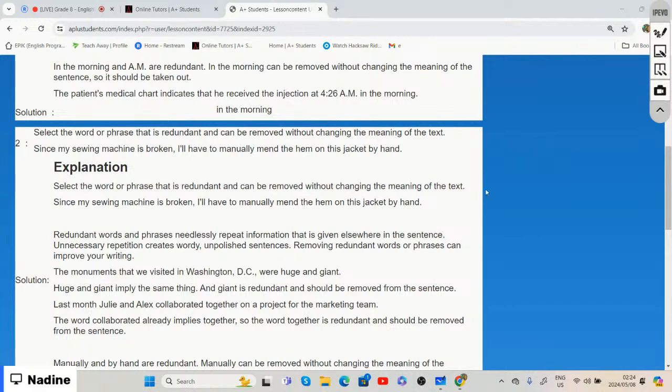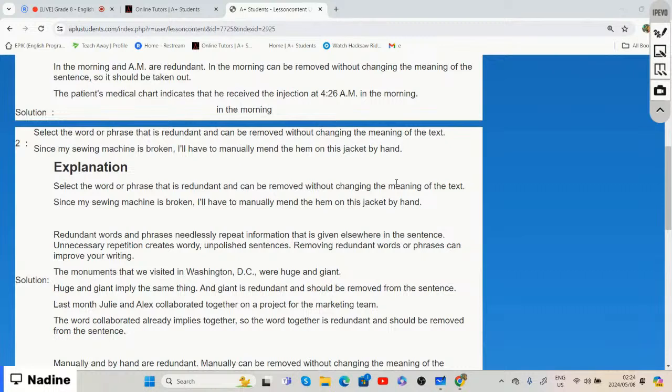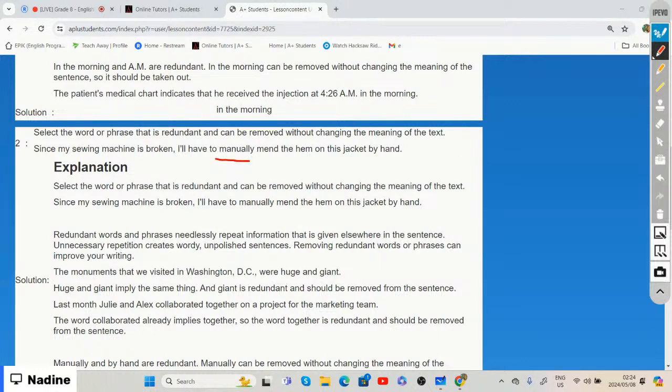All right. So if we're going to select the redundant word, we're going to say, since my sewing machine is broken, I'll have to manually mend the hem of this jacket by hand. And the reason why we're saying manually is because manually is the same as by hand.